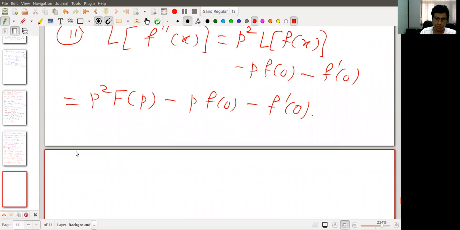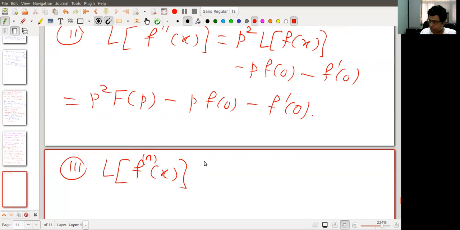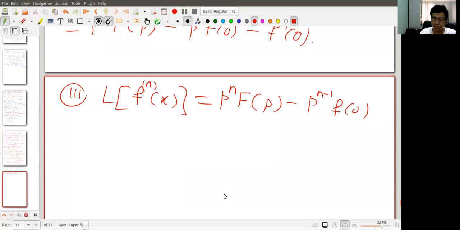And the more general thing is, third, Laplace transform of nth order derivative of f of x is equal to p raised to n into capital F of p minus p raised to n minus 1 into f of 0 minus p raised to n minus 2 f dash 0 minus and so on.